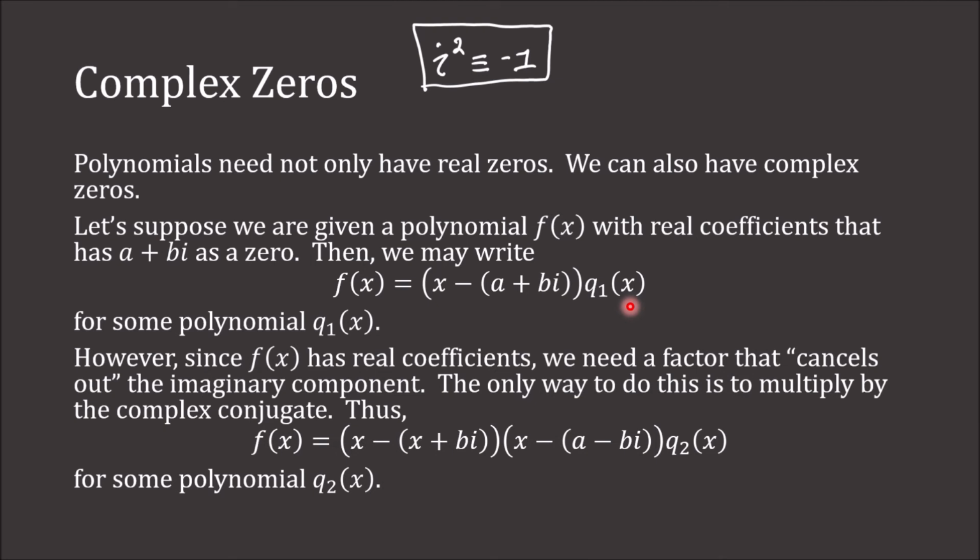However, since f of x has real coefficients, we need a factor that quote-unquote cancels out this imaginary component. The only way to do this is to multiply by the complex conjugate. Thus, f of x would be x minus the quantity of a plus bi times x minus the quantity of a minus bi times q2 of x, where q2 is now some polynomial.